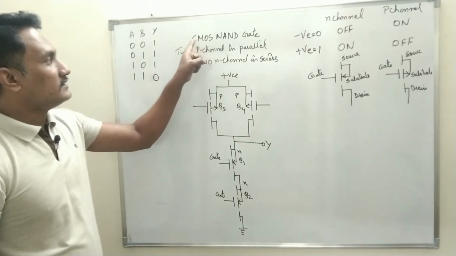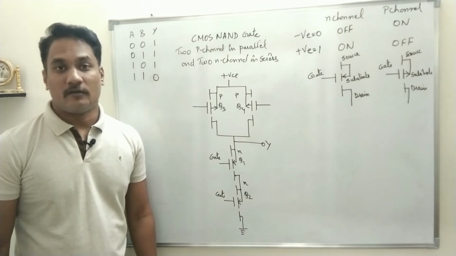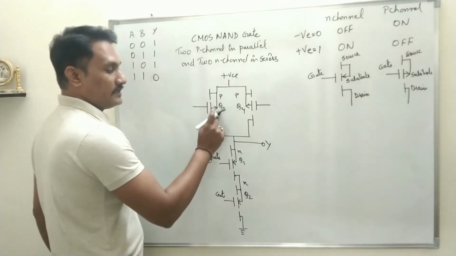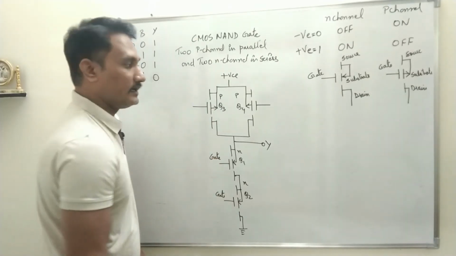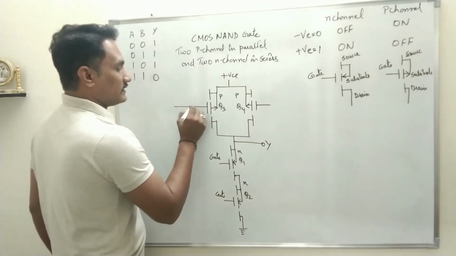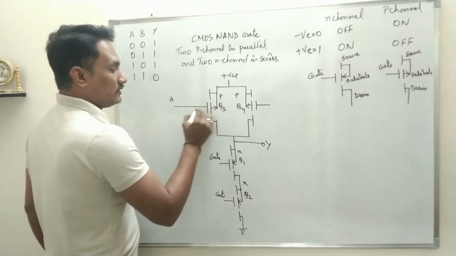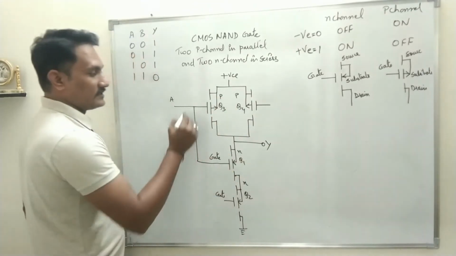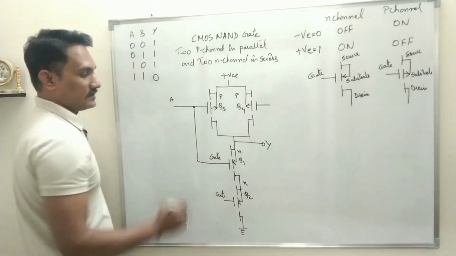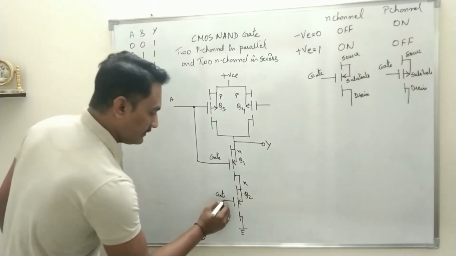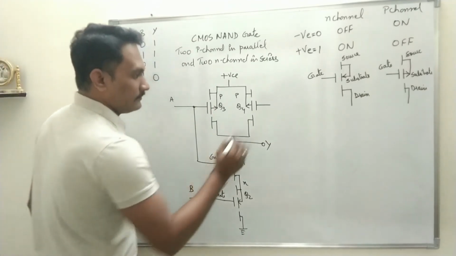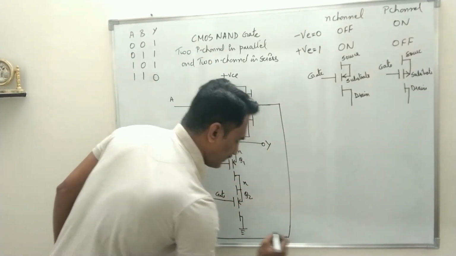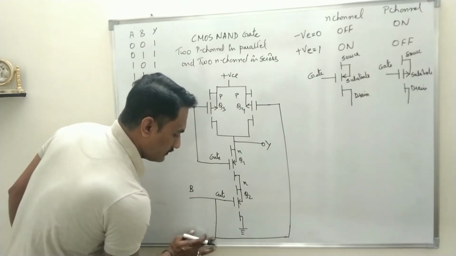In CMOS, C stands for complementary. Complementary means that when you connect the transistors, one P channel and one N channel should be connected together. So let's say this is the terminal A, Q3 is connected to Q1, one P channel and one N channel connected together, and one terminal is taken out, that is A. Similarly, this is B, and Q4 is connected to Q2.